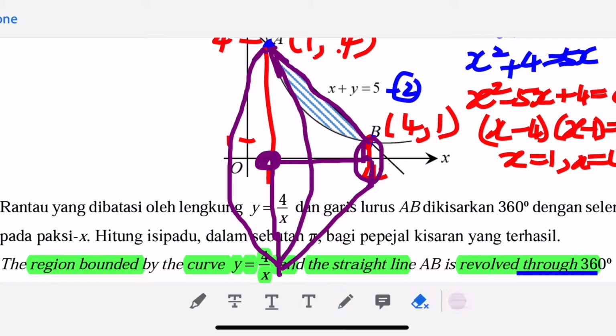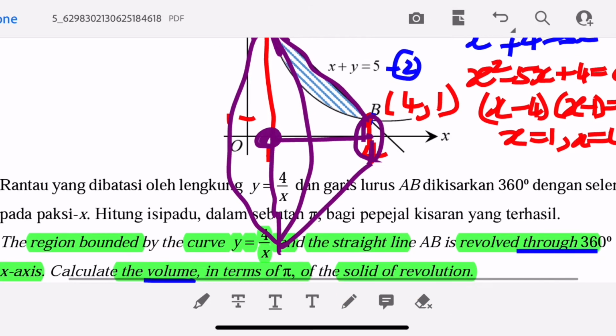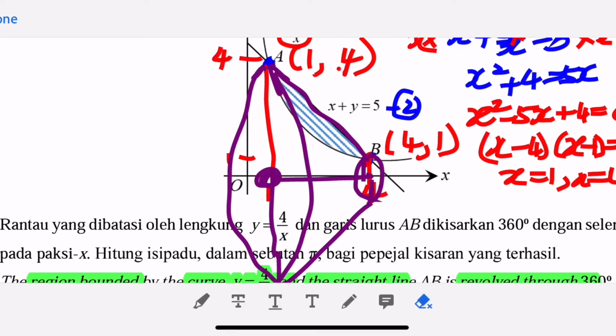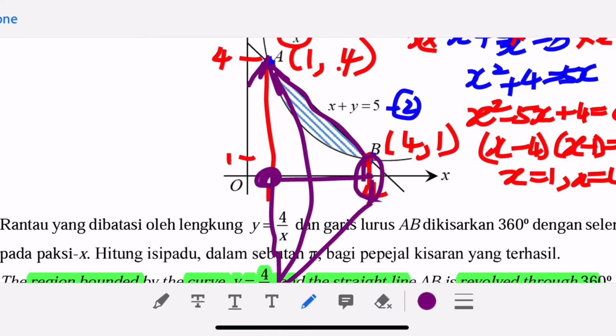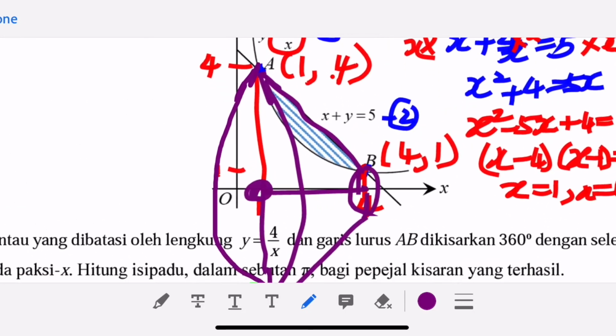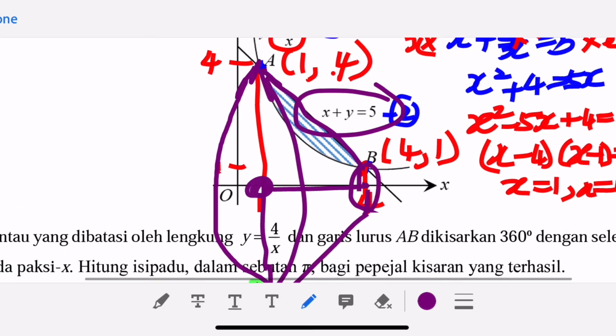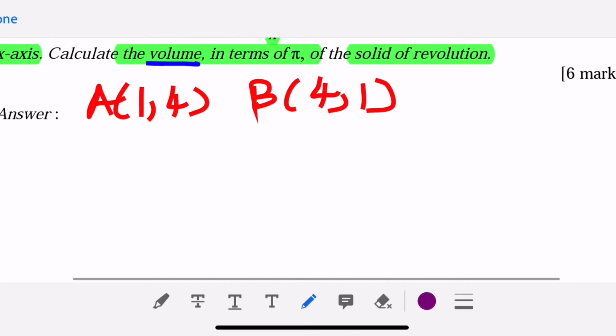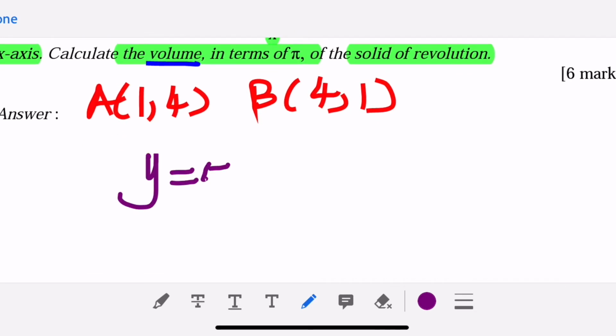Okay, so it looks like an indefinite shape, so we have to use integration. So let's use integration to find the volume, which is in purple color. So it's under this line. That means we are going to express y equal to 5 minus x, right?